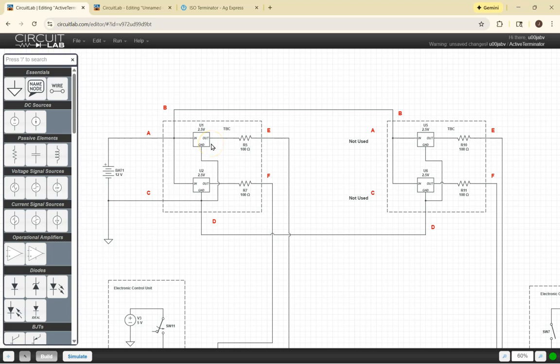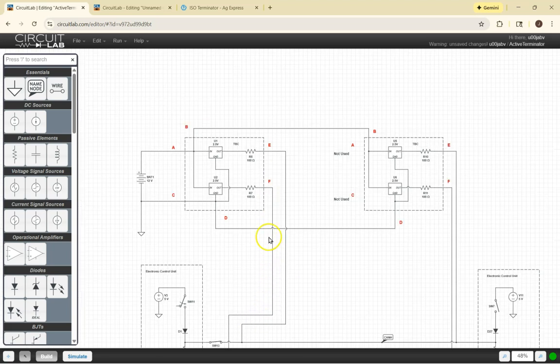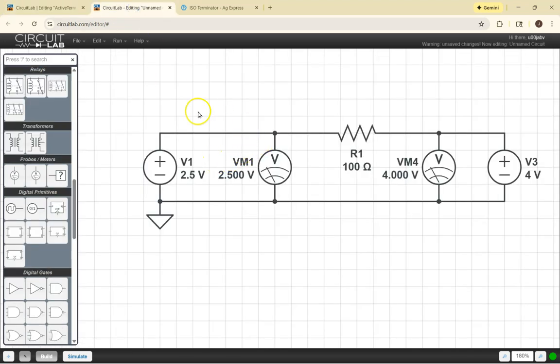Contained within them, typically I would have a very accurate 2.5 volt regulator, actually 2 of them. One would be on CAN high and one would be on CAN low. And I have some resistance, something like 100 ohms, between where this connects to the backbone and where this connects to the output of the voltage regulator. So this is my voltage regulator on, in this case, the CAN high circuit.